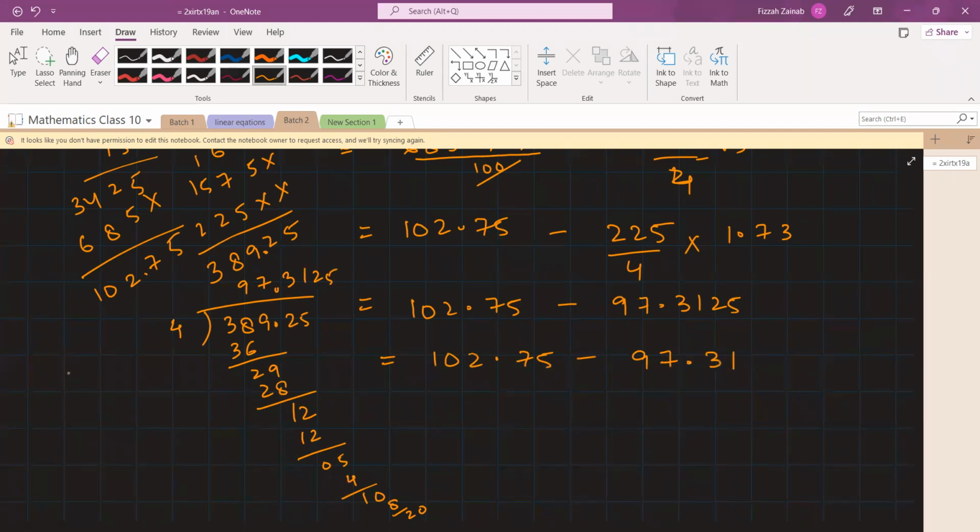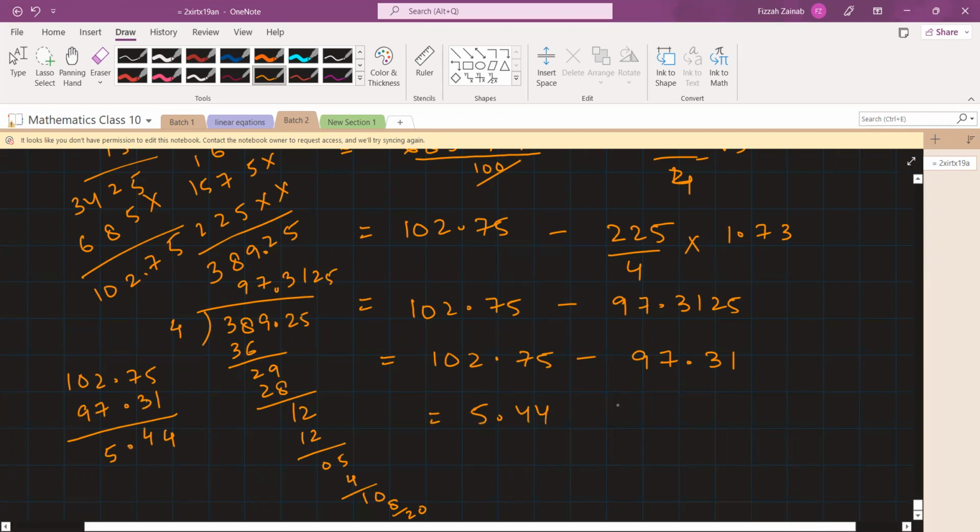Now if you subtract it, so I'm getting 5.44 and this is in centimeter square, right?